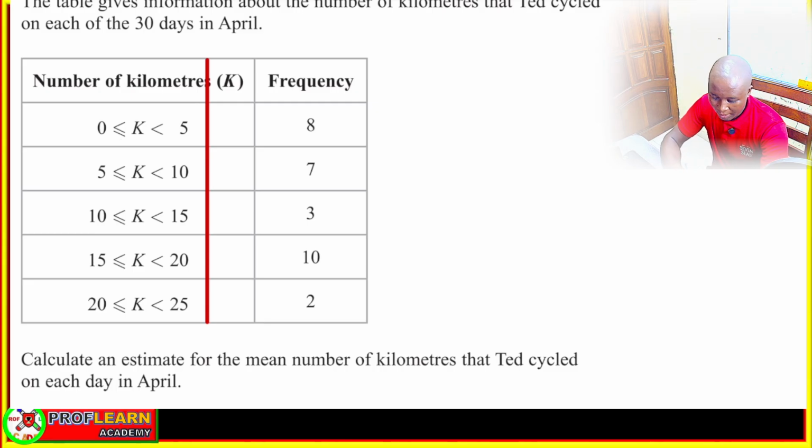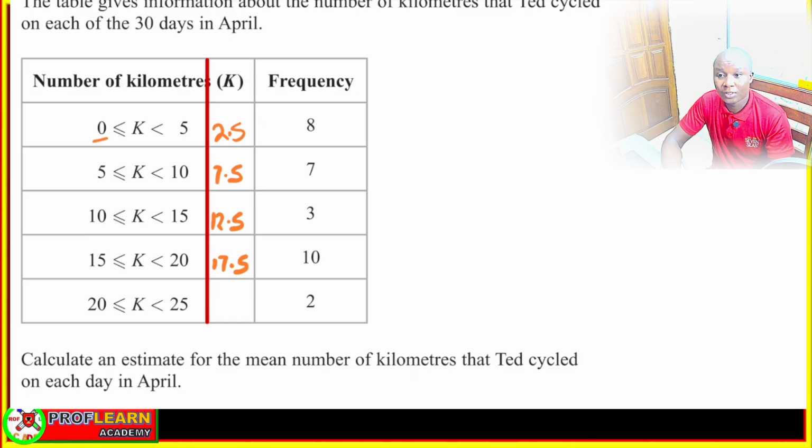We are going to add 0 plus 5 divided by 2, that's going to be 2.5. We add 5 plus 10 divided by 2, that's going to give us 7.5. 10 plus 15 divided by 2 is going to be 12.5. 15 plus 20 divided by 2, that is 35 divided by 2, which is 17.5.